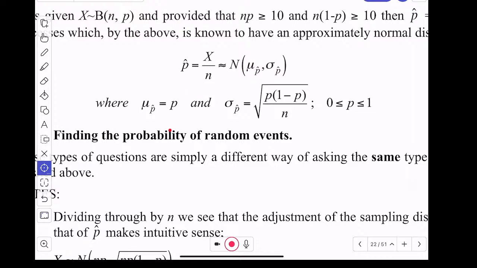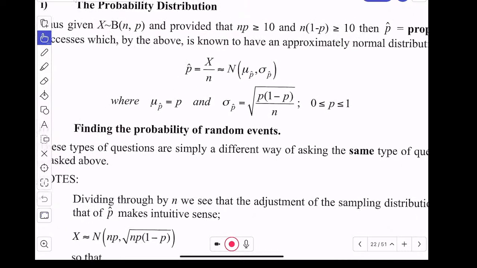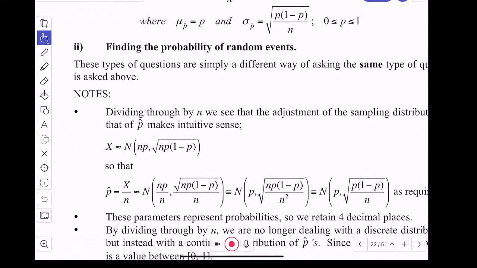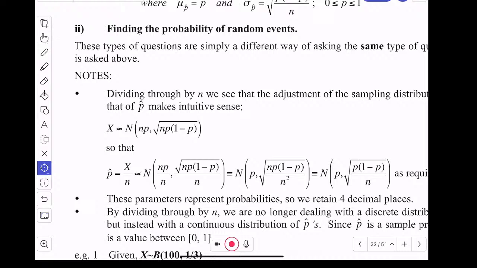So where do these come from? Well, they look familiar. We get them from what we know about x. Remember, x has mean np and standard deviation the square root of np(1 minus p). All we have to do, just like we divided x by n, whatever we do to the random variable, we do to the mean. So I get to divide np by n.